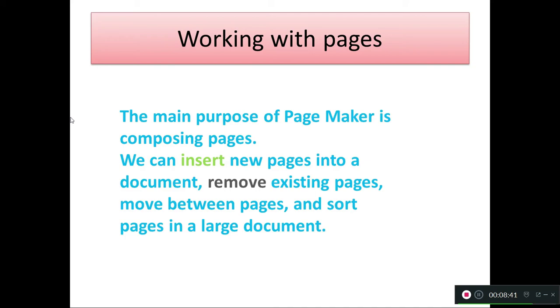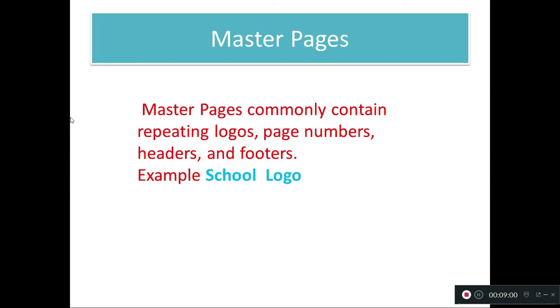If you have a large document, suppose 12 pages are given, just reduce to 10 pages. I have removed pages 8 and 9. For this purpose, in working with pages, here you learn how to insert and how to remove the existing pages. Okay. Then master pages, very simple.